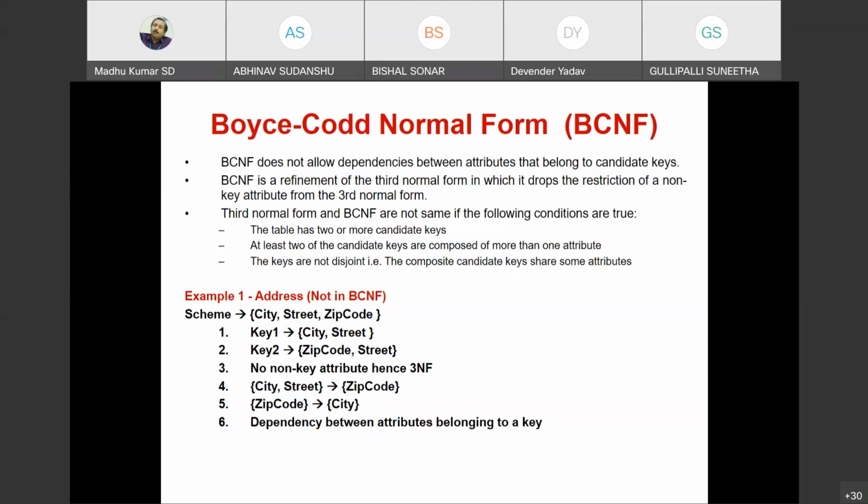So here the point is that even though pin code is dependent on city alone, it is not considered a violation of the clause of being in 3NF, because zip code is not a non-key attribute.